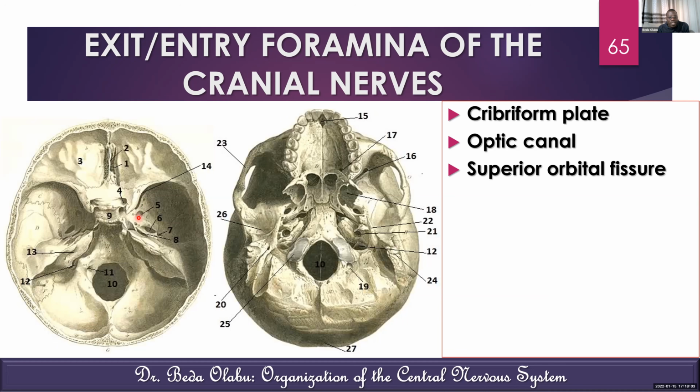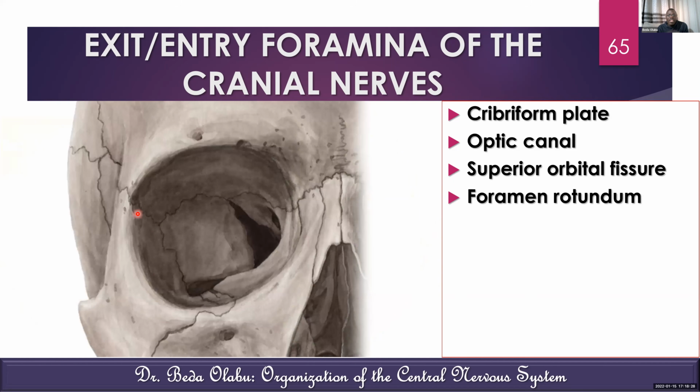Below that one is the foramen labeled 5. We call it the foramen rotundum. It means round foramen. Foramen rotundum is for the passage of V2, the maxillary division of the trigeminal nerve. So that nerve passes through there to go to somewhere in the floor of the orbit. Let me use another image to show you that.